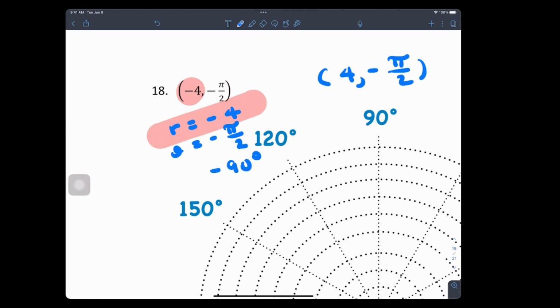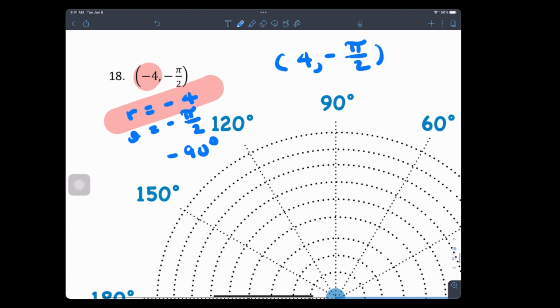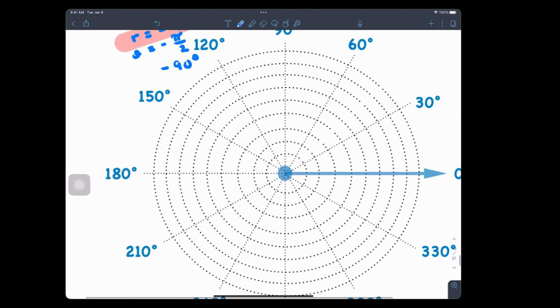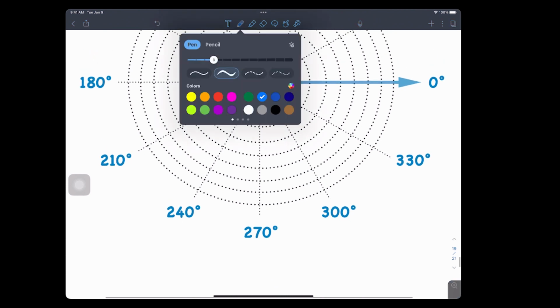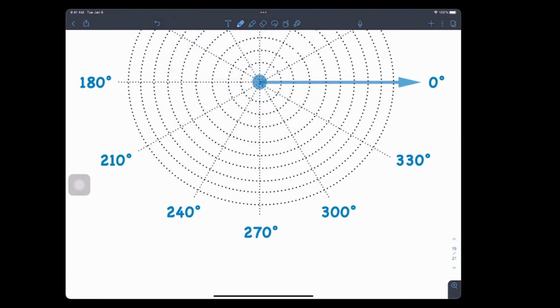So 4, negative 90. Where's 4, negative 90 at? You got to plot that first, right? Because it's negative radius. Don't we recall this, right? 4 is 1, 2, 3, 4. But if you take your ray and you rotate it, how? Negative 90 degrees.